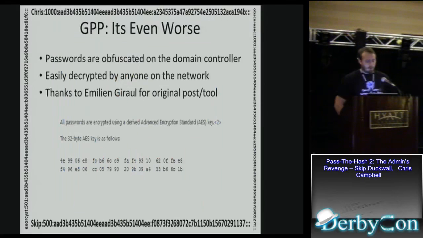An Italian researcher, I think it was a team, released a Python tool to decrypt the actual group policy object and give you the plain text password back. That tool is no longer available, but we'll get to that in a second. It is AES encrypted, but it's encrypted with the same key on every enterprise.